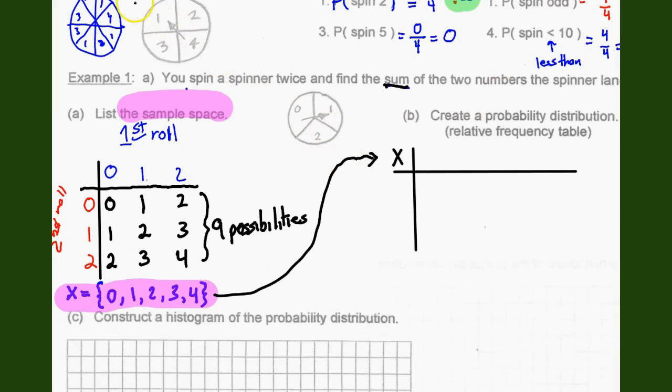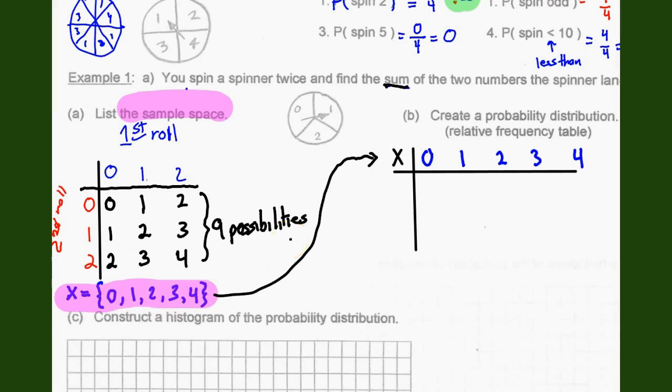Leave a little space between. So our n here is how many numbers you're working with. So we're working with a sample space, 1, 2, 3, 4, 5 numbers, n equals 5.